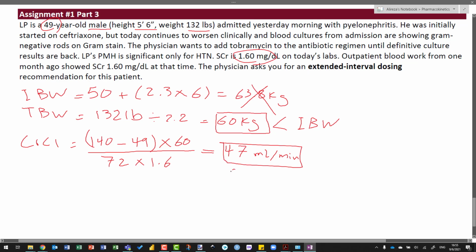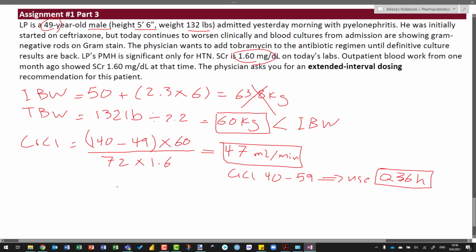Now, the Hartford Nomogram says for creatinine clearance of 40 to 59, use every 36 hours initially until you get levels and you adjust from there. So initially we're going to use every 36 hours, and then we're going to get the level and go from there.